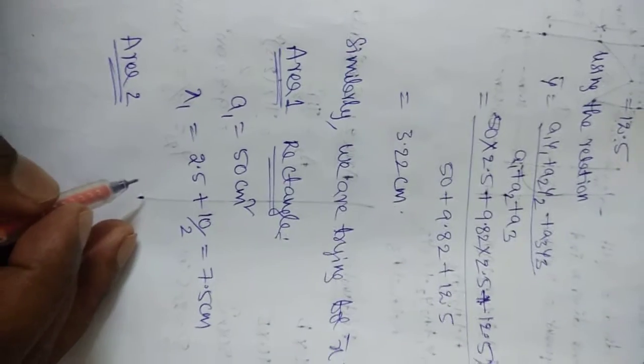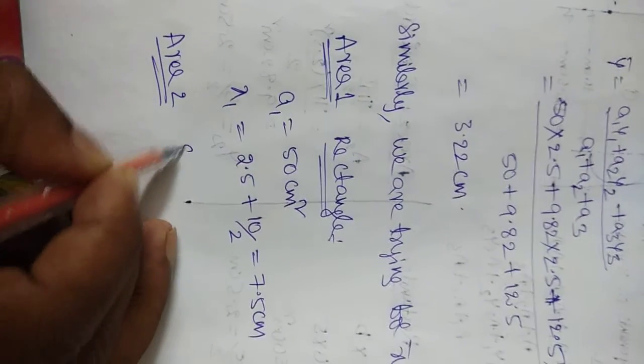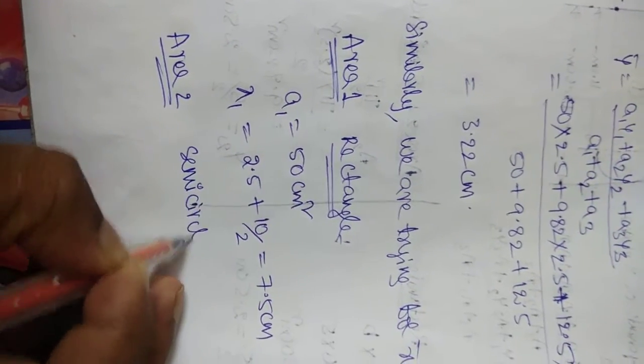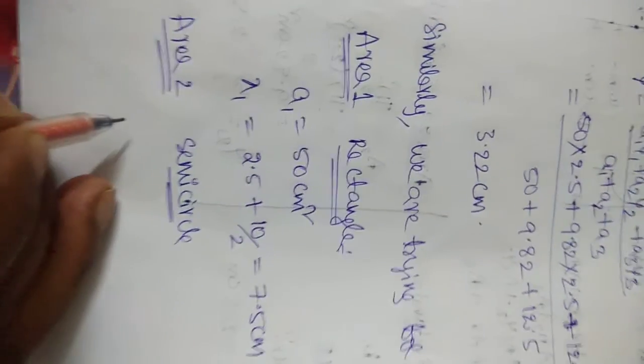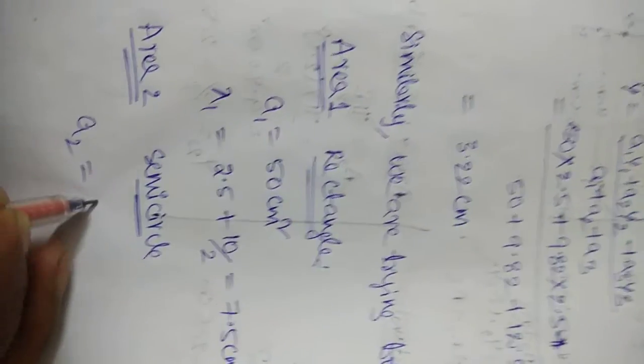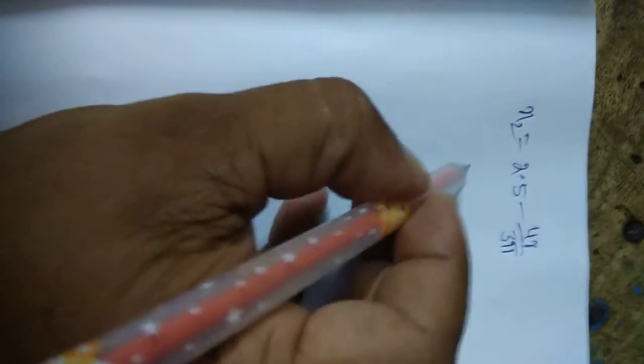Area 2 is the semicircle. For the semicircle, area A2 is equal to 9.82 centimeter square. X2 is equal to 2.5 minus 4r by 3 pi.